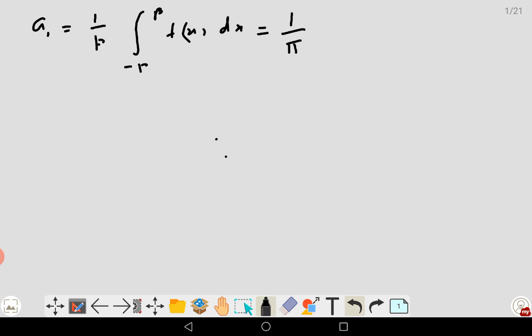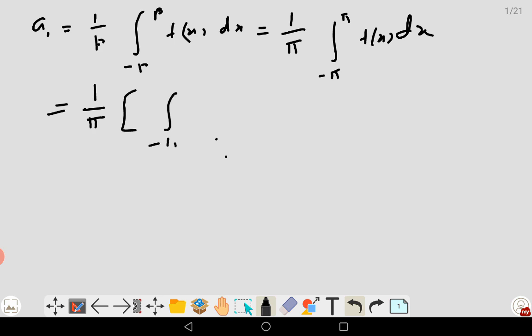So it is 1 over pi integration negative pi to pi f of x dx. Further you can expand the interval: 1 over pi, negative pi to 0, f of x is negative 1 dx, plus 0 to pi, f of x is 2 dx.